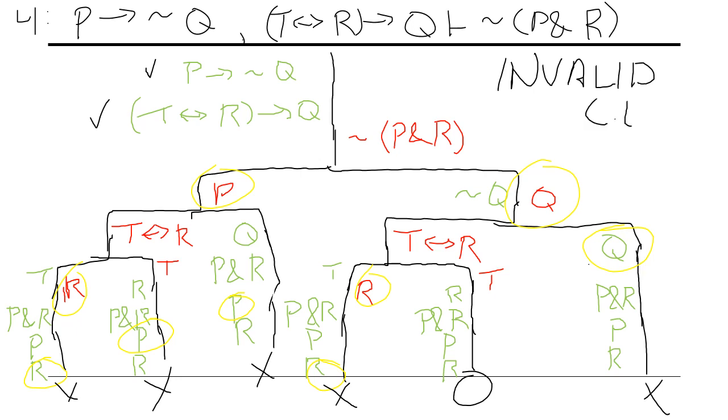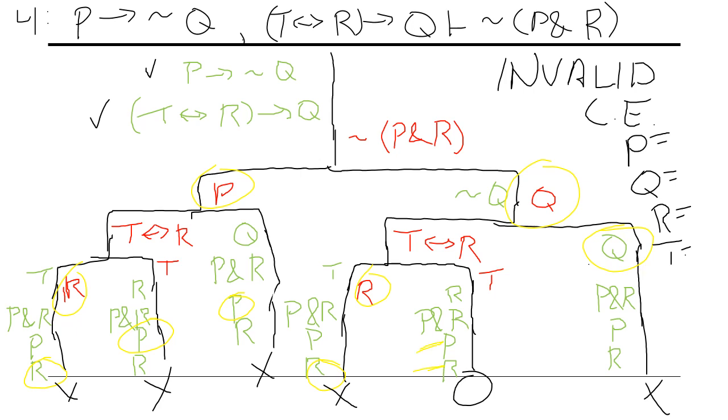So do a counterexample. What are all the letters that we have? We have a P, we have a Q, we have an R, we have a T. And we gotta just look at what they are here in our tray.